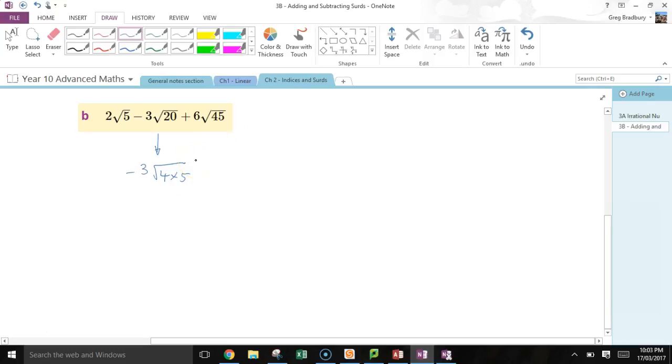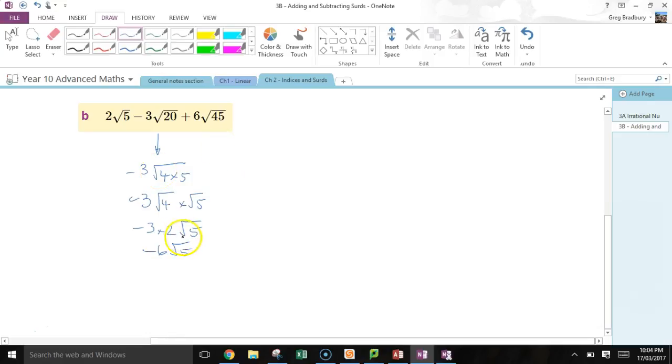I'll do this one first, and then we'll go on to the second one, and we'll do it down the page. So negative 3 square root of 4 times the square root of 5. The square root of 4 is 2, so it's going to be negative 3 times 2 times the square root of 5. Negative 3 times 2 is negative 6 root 5. That's as simple as it goes.